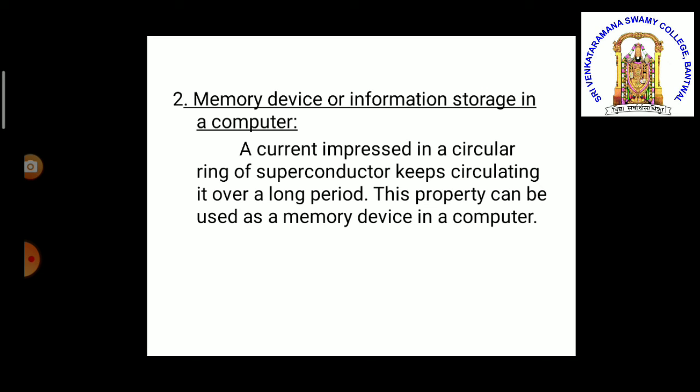Next, memory devices. It can be used as memory devices or information storage in a computer. A current impressed in a circular ring of superconductor keeps circulating over a long period. This property can be used as a memory device in a computer.